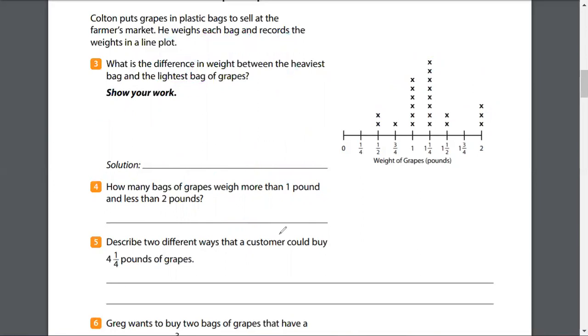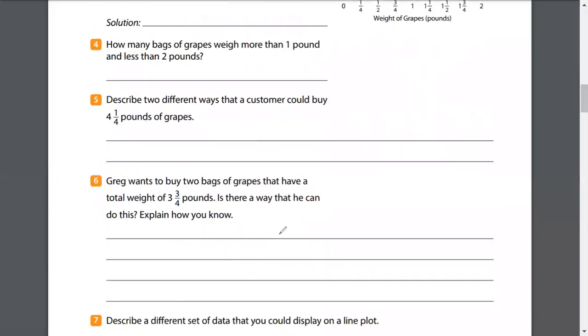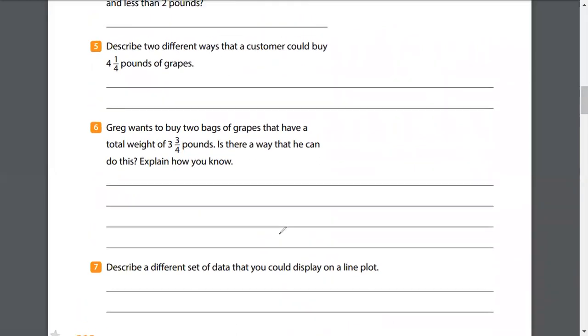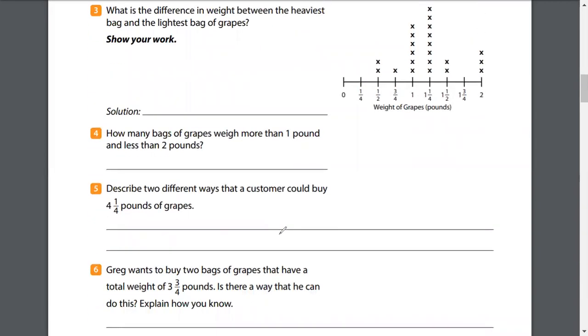Greg wants to buy 2 bags of grapes that have a total weight of 3 3/4 pounds. Is there a way that he can do this? Explain how you know. Look very, very carefully at your line chart.